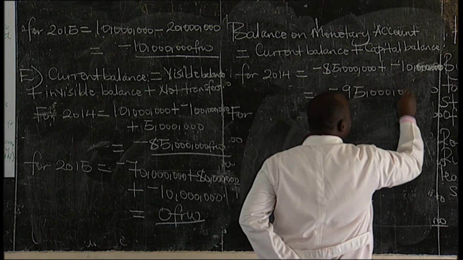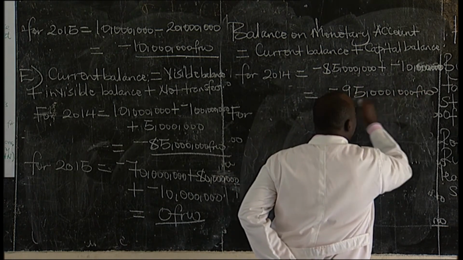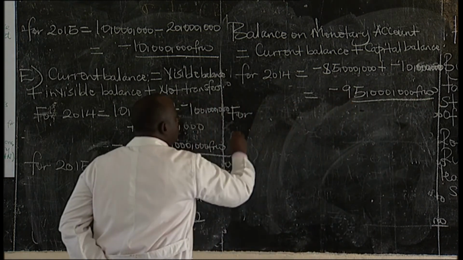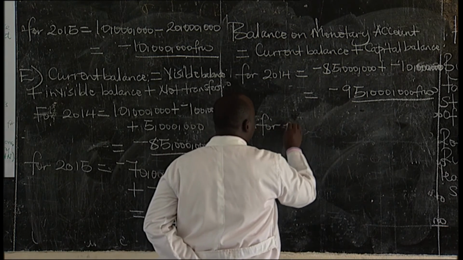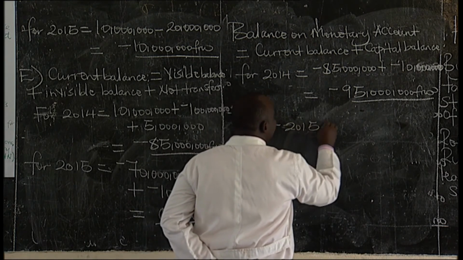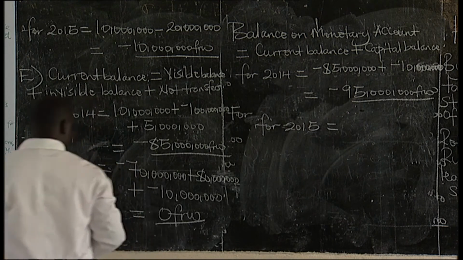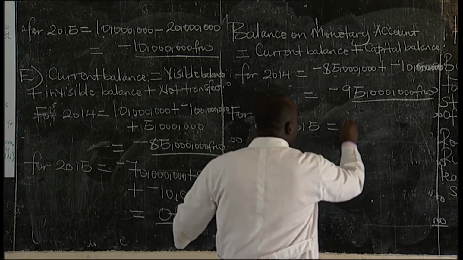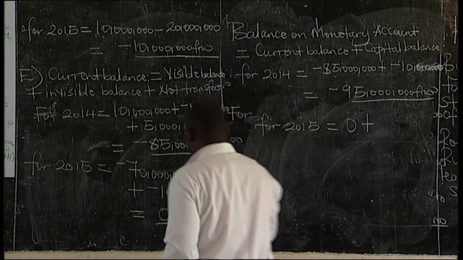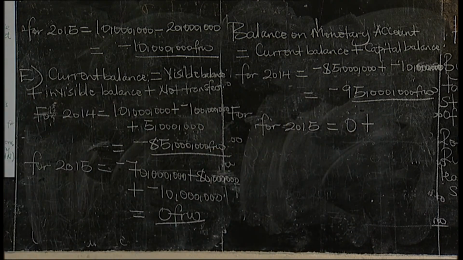Now, for 2015, it is the current balance of 2015, which will be 0, plus the net capital flow for 2015.